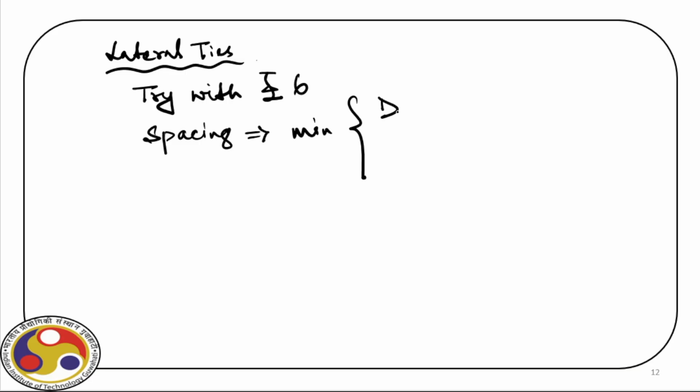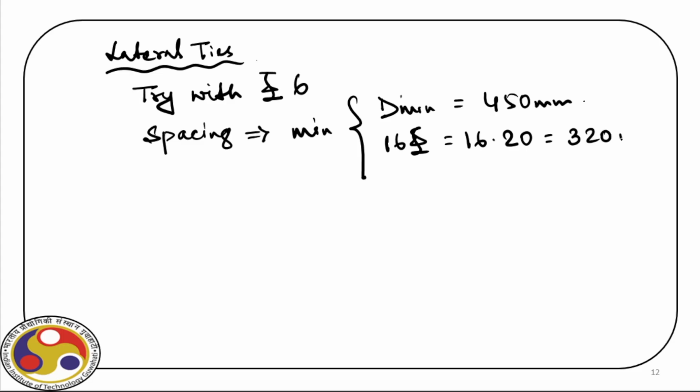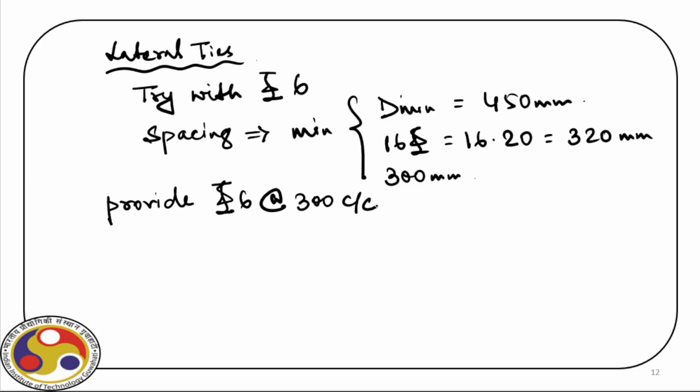So we have D minimum is equal to 450 millimeter. Then 16 phi is equal to 16 times 20. So that is 320 millimeter and 300 millimeter. So provide phi 6 at the rate 300 center to center.